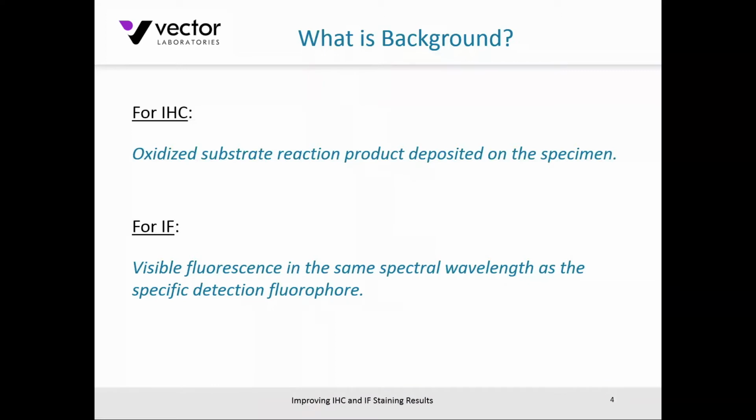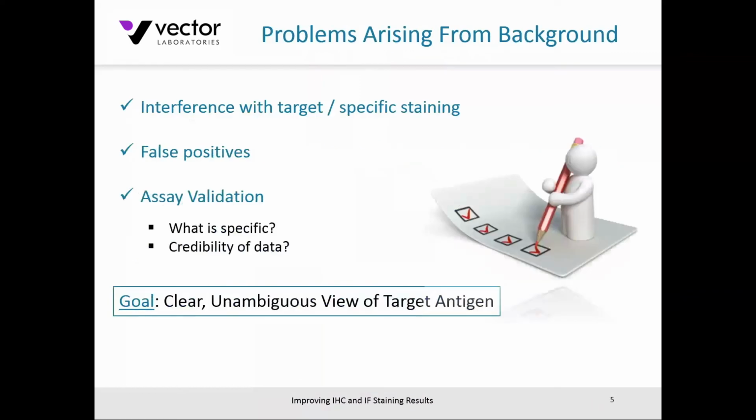So the example would be if you're using a fluorescein, a green conjugated secondary antibody to look at a target antigen, and you've got some confounding fluorescence in that same green spectra. Okay, very quickly, some of the issues or problems that arise from the background: certainly interference with the target antigen that you're looking for, referred to as your specific staining.